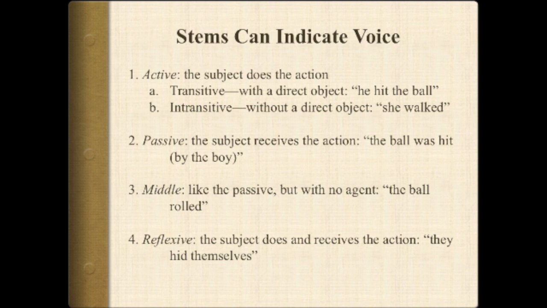So the ball rolled. Here it kind of looks like the ball is an active subject, but it really is not something that is done voluntarily by the subject. And finally, the reflexive. The subject does and receives the action at the same time. So they hid themselves.